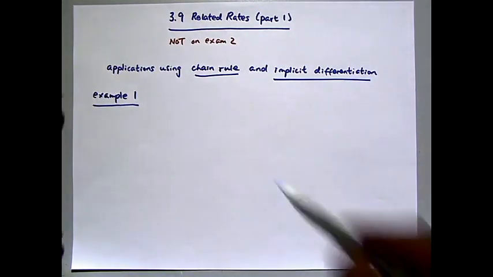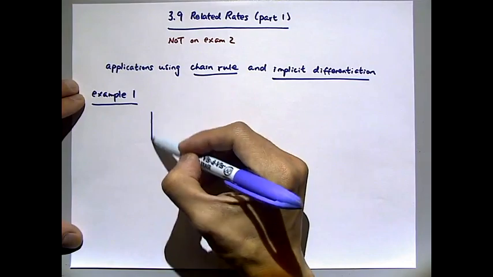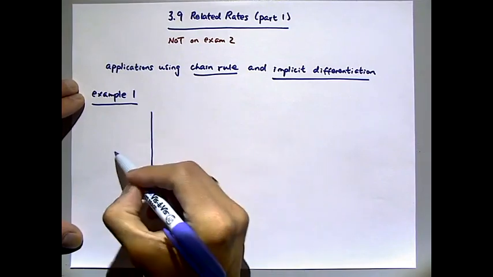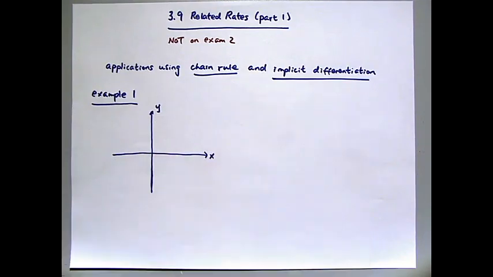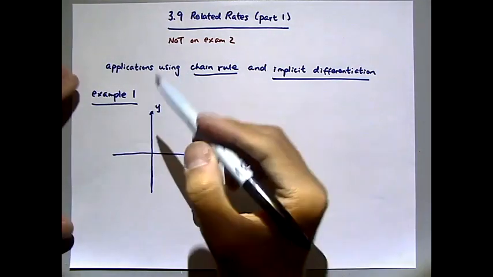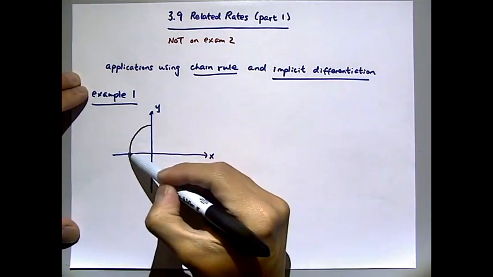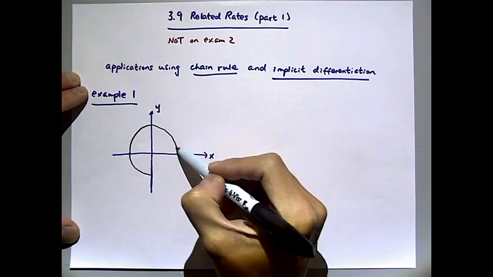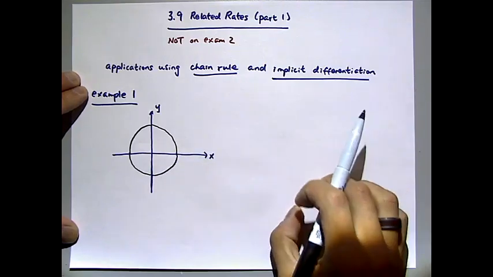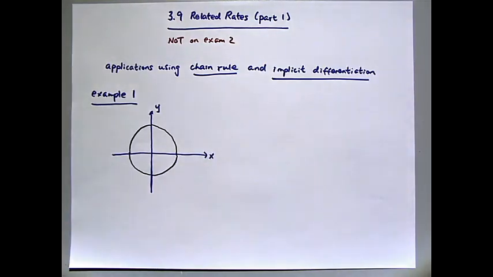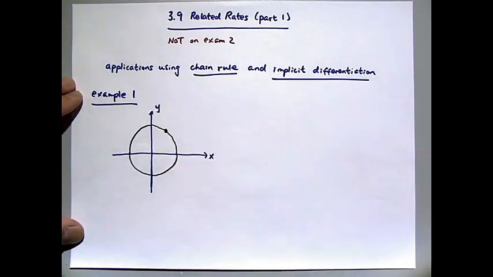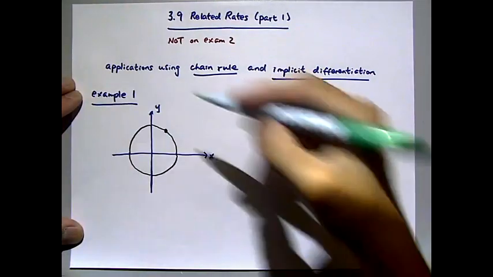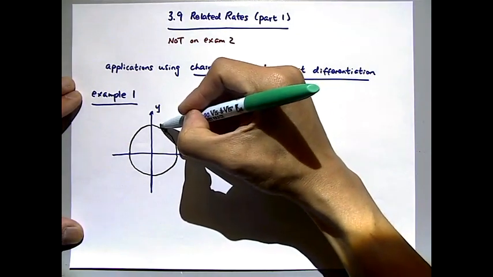This bug is crawling on a circular track centered on the origin, and the radius is square root of 225. And so this little guy is crawling around on this track, let's say going counterclockwise.